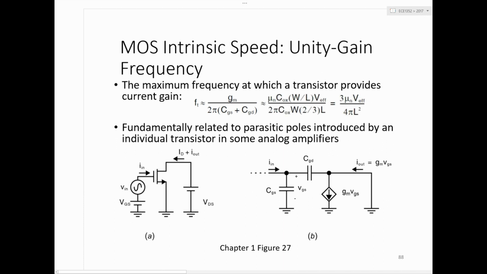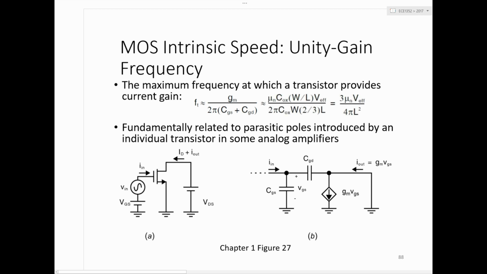So here in this slide, we define something about the intrinsic speed of the MOSFET. So this is kind of looking at the speed trade-offs involved in sizing and biasing. There are a couple different ways to think about the speed of a MOSFET, but one commonly used metric is its unity gain frequency.